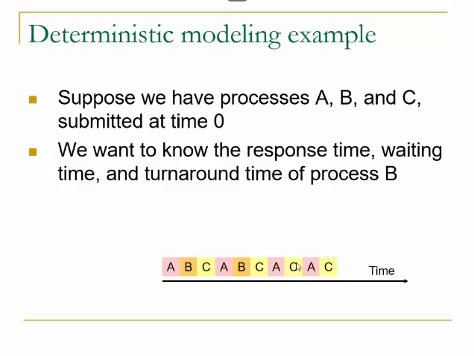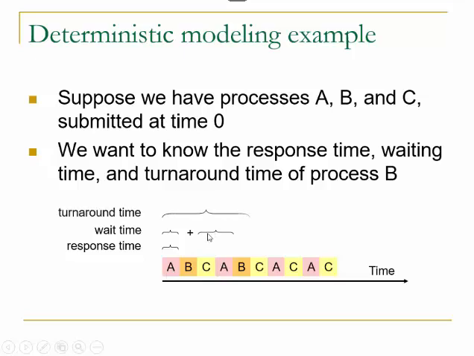Now we want to know the response time, waiting time and turnaround time of process B. The response time of process B is 1 unit of time because B first appears in the chart after the execution of A. The waiting time of B is the amount of time B waits in the ready queue: 1, 1, 2, so 2 plus 1, total 3 units of time B is waiting in the ready queue.